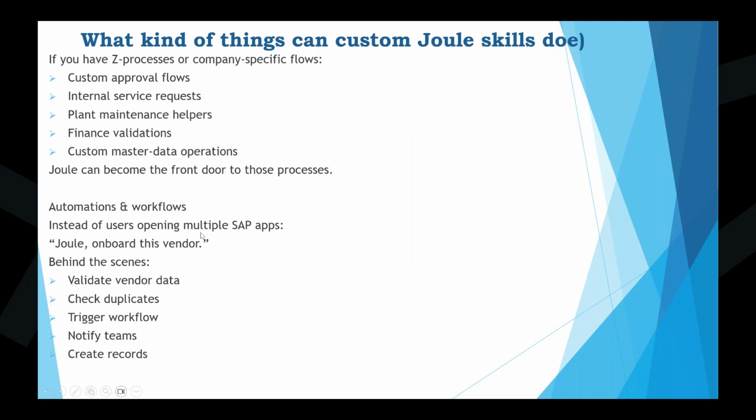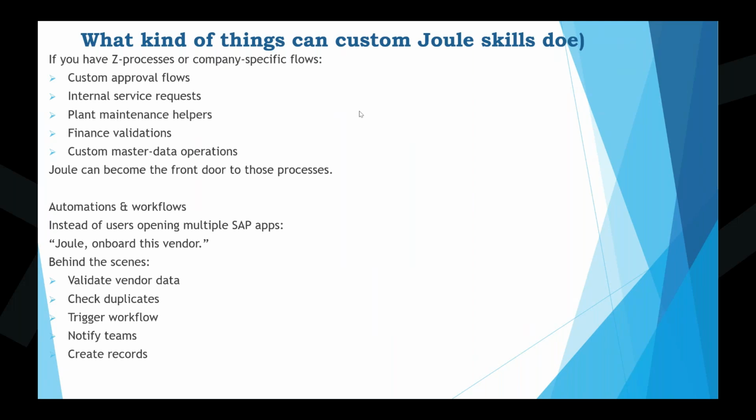Instead of users opening multiple SAP applications to get the data, Joule will do it behind the screens whenever you ask the questions. It validates vendor data, checks duplicates, triggers workflows, notifies teams and creates records. Joule will take care of this by creating the custom Joule skills in SAP Build. Once you've done that, everything will be taken care of by Joule itself behind the scenes, and it gets the data the end user asked for.